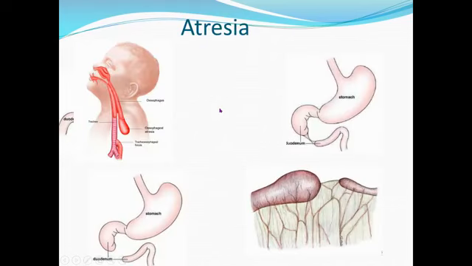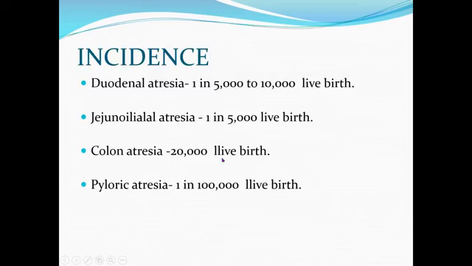It needs NICU coverage. This is also an atresia, an atretic segment in the duodenum, where the second or third part of the duodenum is atretic. There is no communication between the proximal and distal gut, so it is called duodenal atresia.